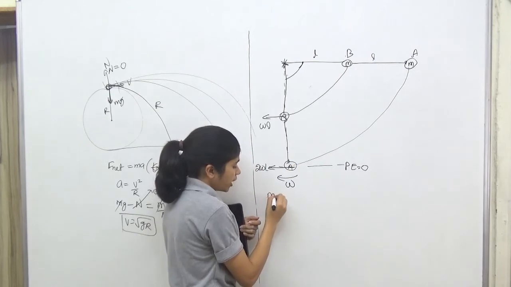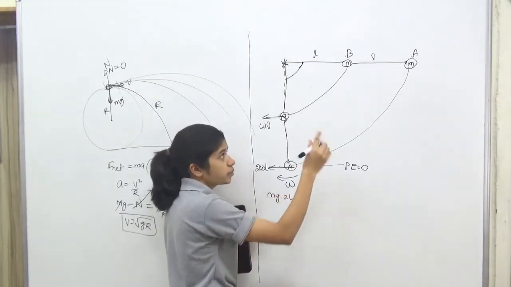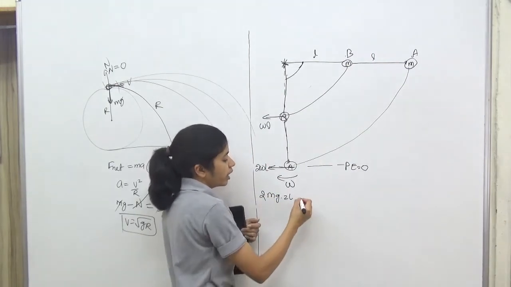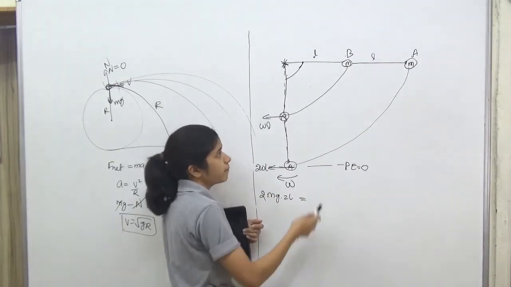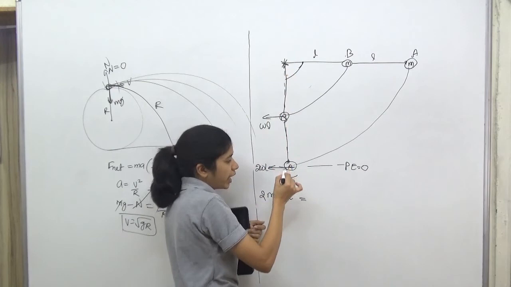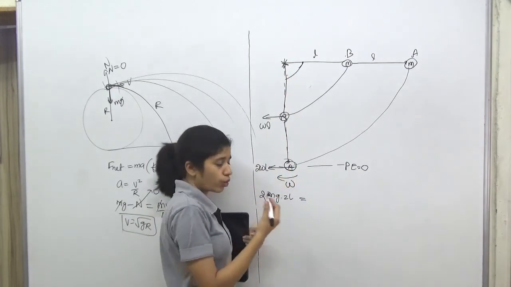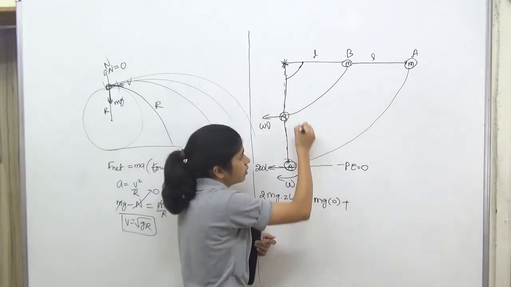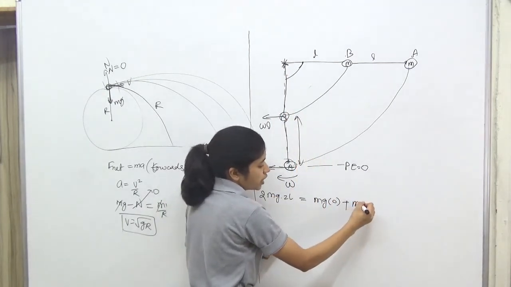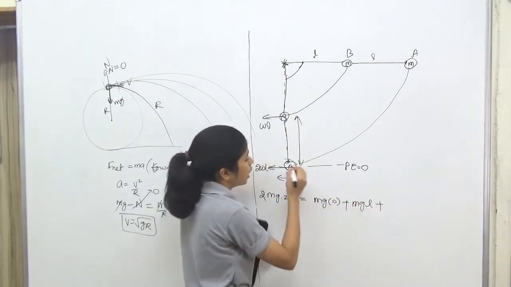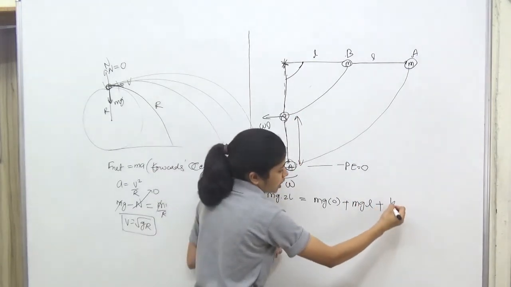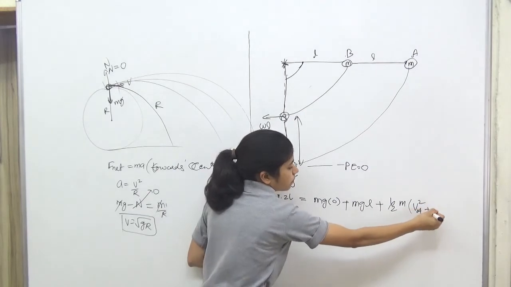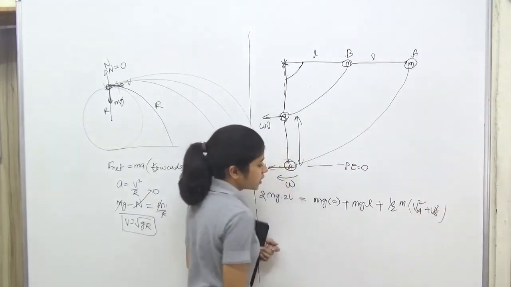So mg into 2L plus mg into 2L, 2mg into 2L is equal to, finally क्या है, when rod has become vertical, A तो आ गया 0 पे, so m into g into 0 plus B is at L height, so mg into L plus, now this has some velocity, this has some velocity, half m va square plus half m vb square. So we can write it like this.